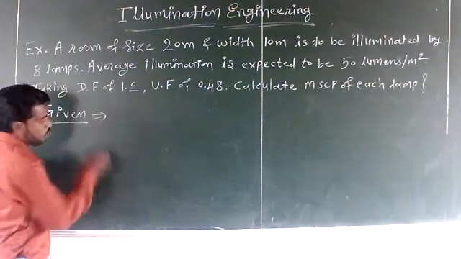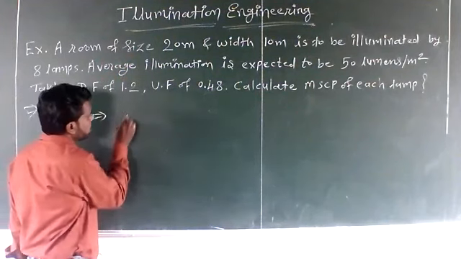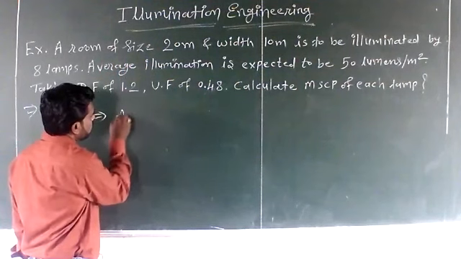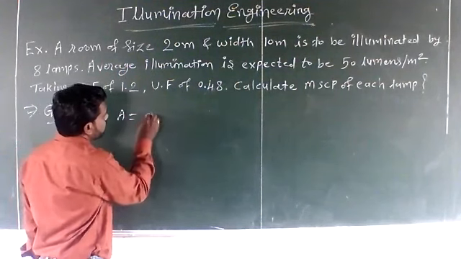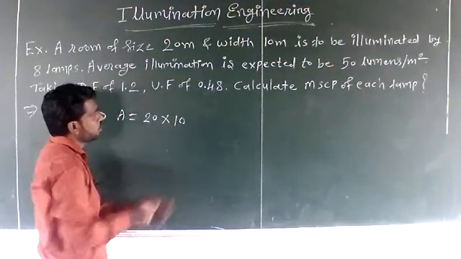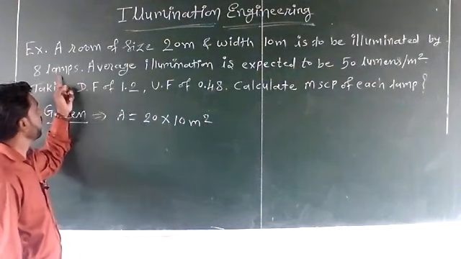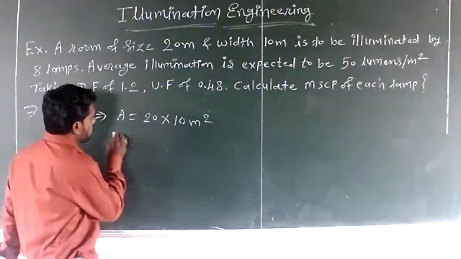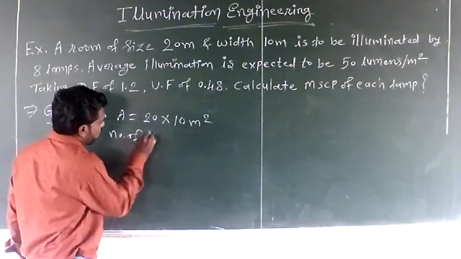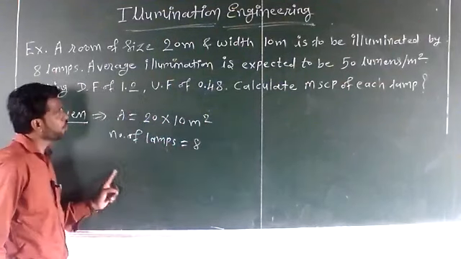So here given a room of size 20 meter, that means area is given. So here area, that means A, is equal to 20 into 10 meter square, is to be illuminated by 8 lamps. That means number of lamps is given. Number of lamps is equal to 8.